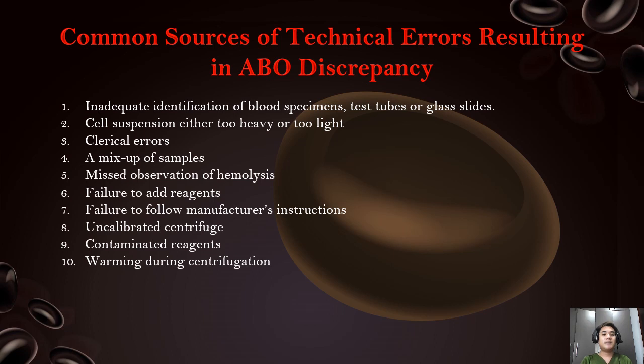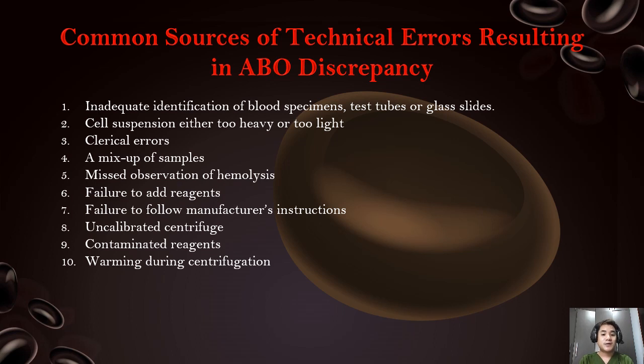Next, a mix-up of samples. This actually happens, class, just as an example case scenario, but not limited to. When the medical technologist is coming from a straight 72-hour duty, this means she's probably tired or exhausted, and that may result in inefficiency, particularly with attention to detail, which can result in a mix-up of samples and also a misobservation of hemolysis.